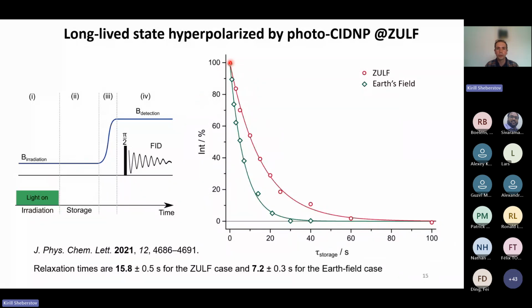And indeed, we saw that in the case where we performed this experiment at zero field, the relaxation time of the signals was approximately twice higher than the relaxation times observed at Earth field. So this proves that these are indeed heteronuclear long-lived states hyperpolarized by photo-CIDNP at ZULF.